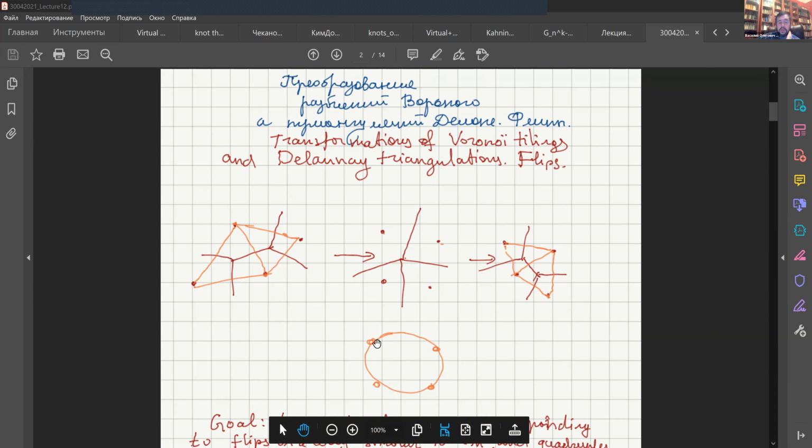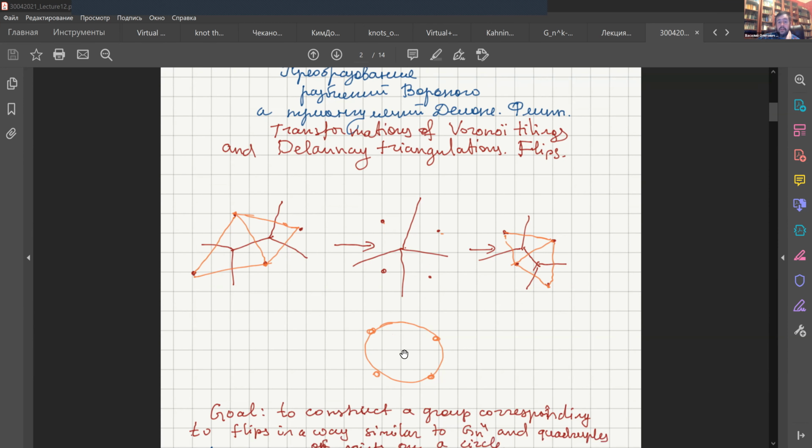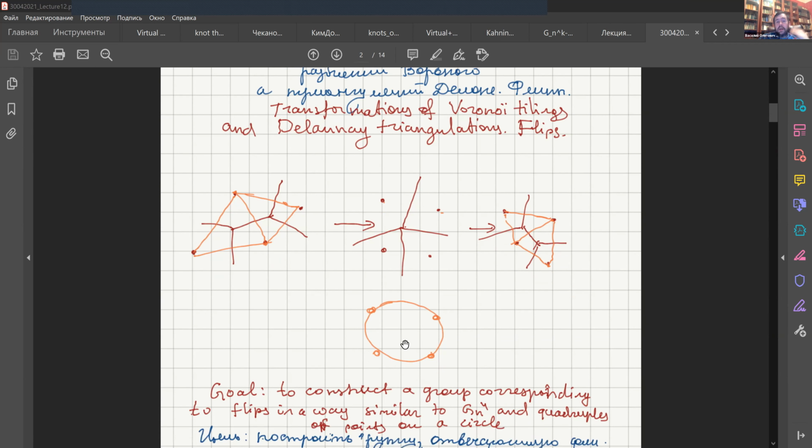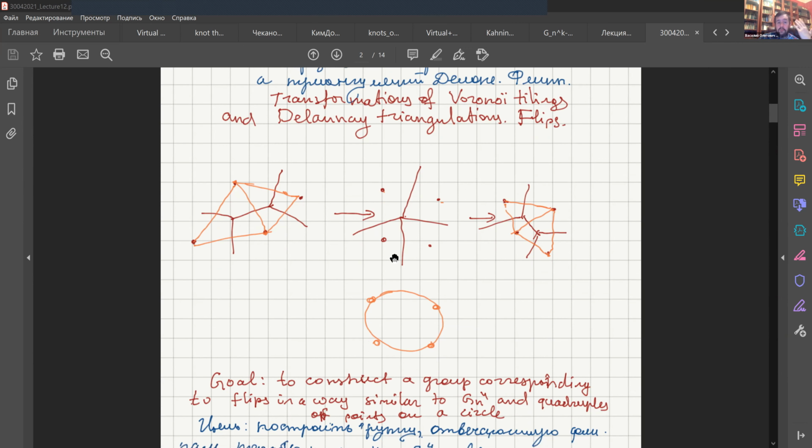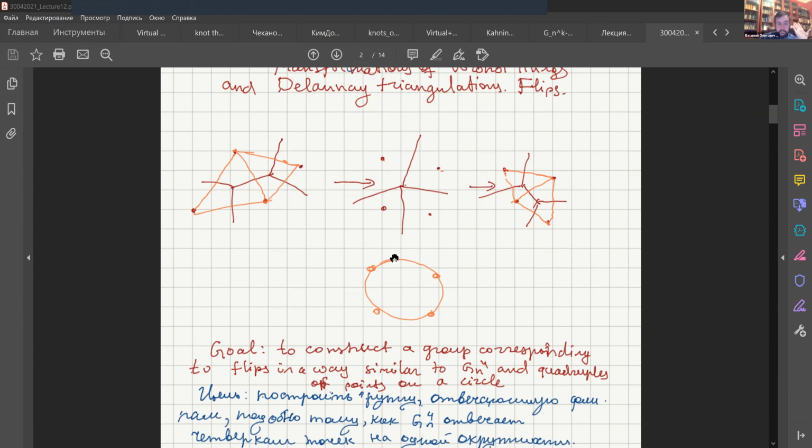Actually, 4 points can be on one circle, but if they are not adjacent, well, they do not have a common boundary. So, if they are in the same circle, it may be counted from the point of view of gamma, G and 4, but not from the point of view of gamma and 4.